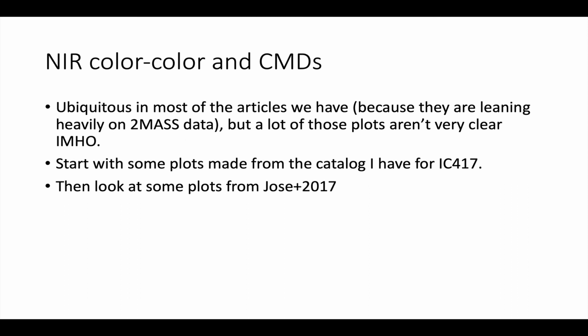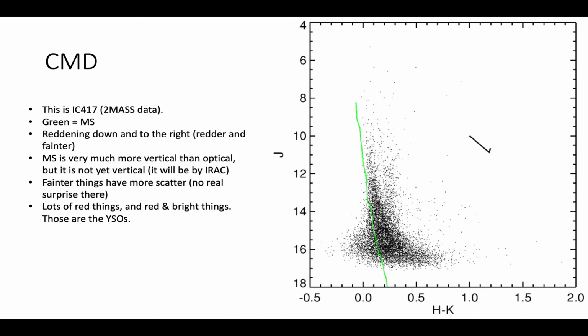In the near infrared, we have a lot of those in the literature that we've been looking at, because a lot of the work that's been done in IC 417 is working with 2MASS data. They had the near infrared data, and so they made a lot of plots. I went through and tried to find a good example of a color or a color magnitude plot, but a lot of them aren't terribly clear. So I'm going to start with some plots that I made for IC 417, and then we'll look specifically at some plots from Jose 2017.